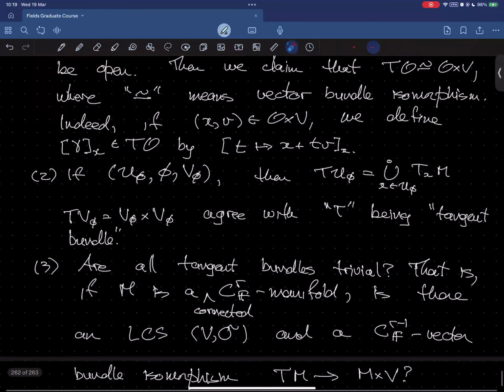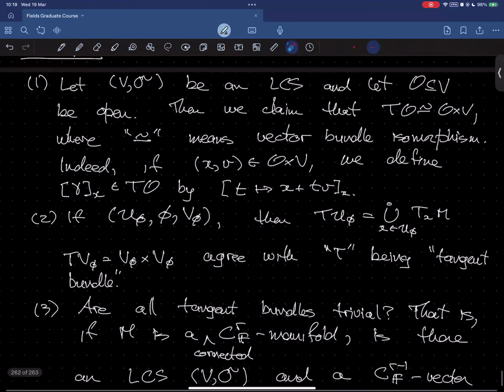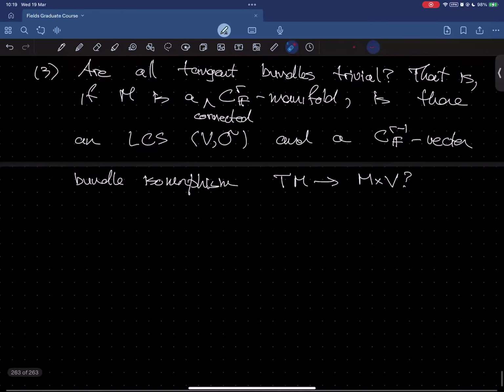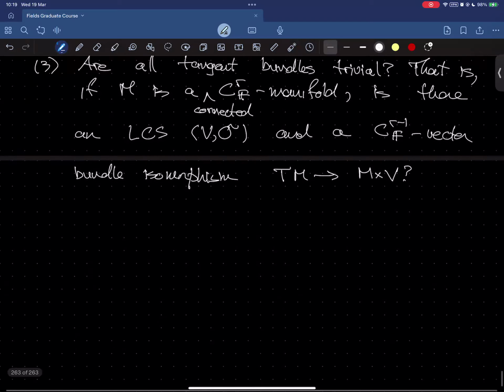Okay, so I can see here that this is true when O is an open subset of a locally convex space, right? So this statement here was exactly that this thing is isomorphic to a trivial bundle. And so here the answer is no, and it's no in a trivial way. It's not one of these things that has anything to do with infinite dimensional things.